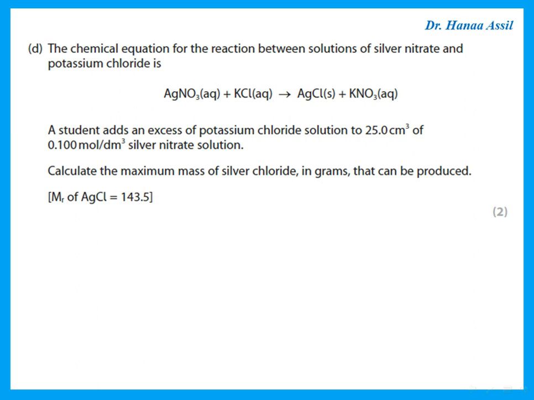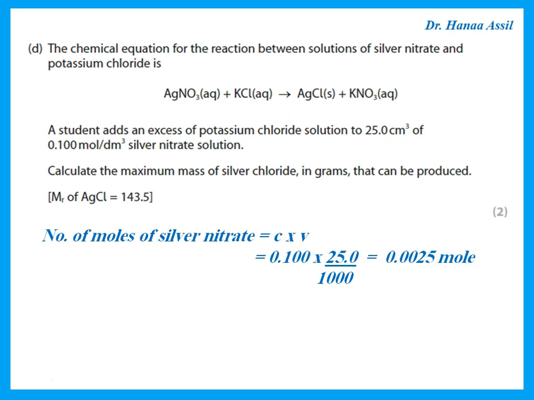So the first thing that I need to do is get the number of moles of silver nitrate. I have concentration and volume, so the number of moles of silver nitrate is concentration times volume. Remember that the volume that he gives me, I have to divide by 1,000. So this gives me the number of moles of silver nitrate. Then the next step is I look at the equation and I compare the moles of silver nitrate to the number of moles of what he's asking about.